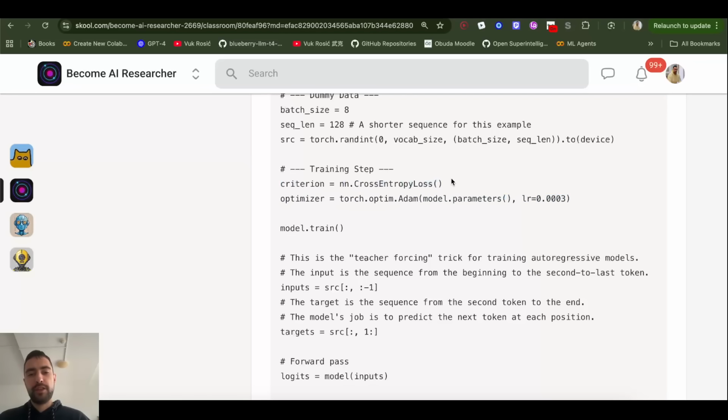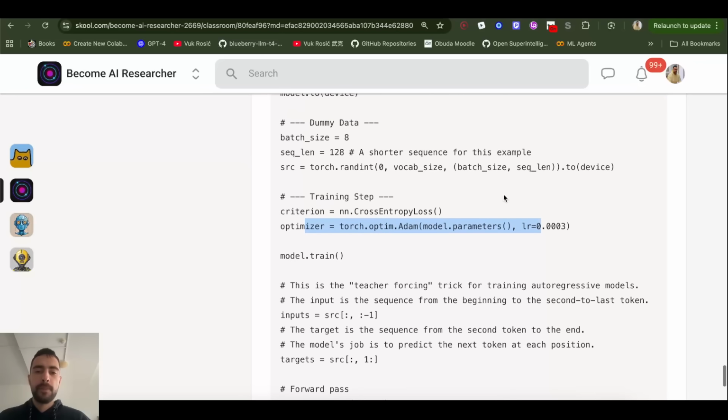We need cross entropy loss to check the model's prediction versus the real next token. And we will use Adam to update weights to make the model learn based on this loss, to generate a better result next time. And loss in large language models should be around 1 to 2 to 3.